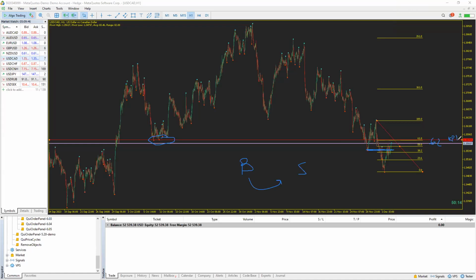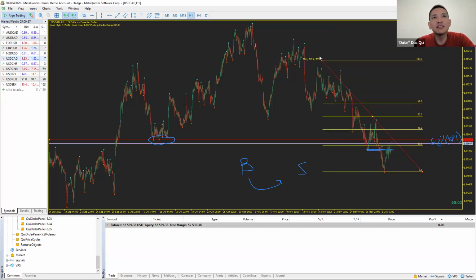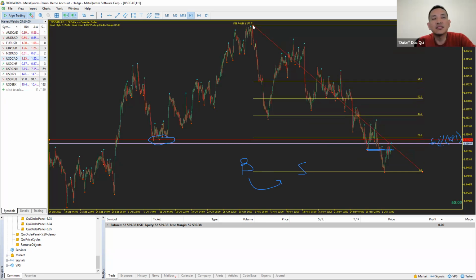Okay. But not for swing traders. Because swing traders who use longer time frames are probably drawing like this. And do you see how this also aligns to 23?